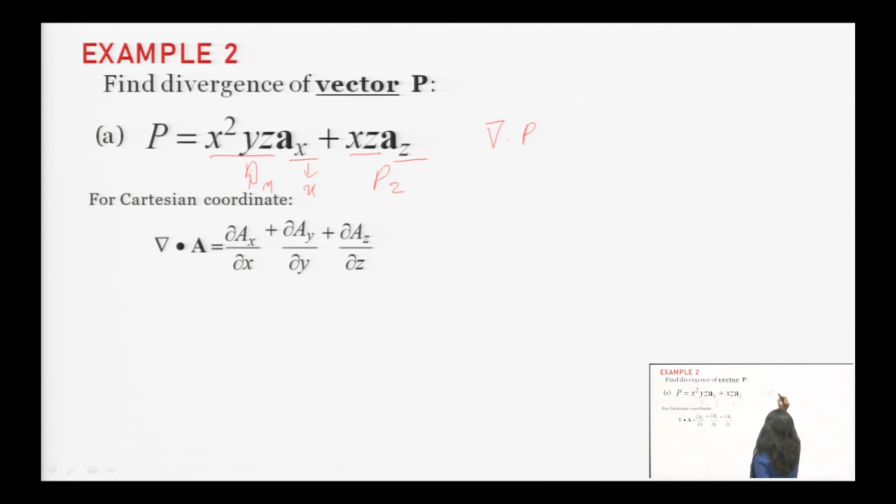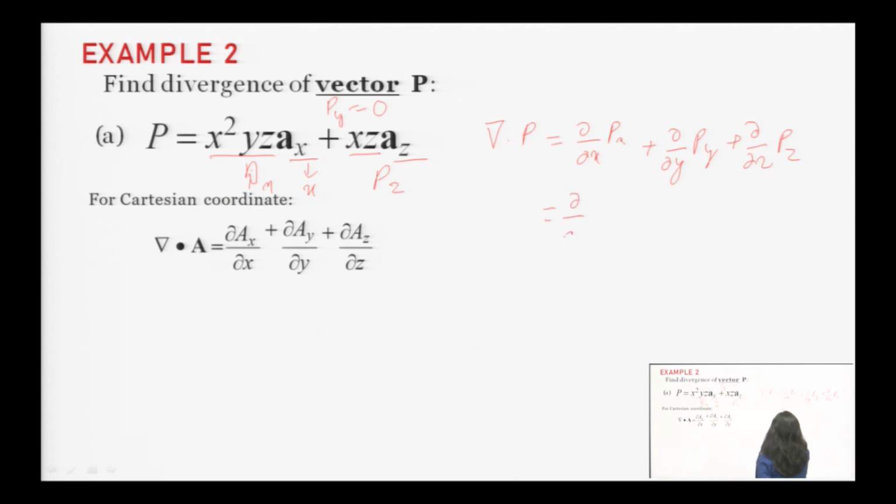So del dot p will be equal to del by del x of px plus del by del y of py plus del by del z of pz. Now here px and pz are given, however py is not given. It means that py is 0. So accordingly we will solve the problem.